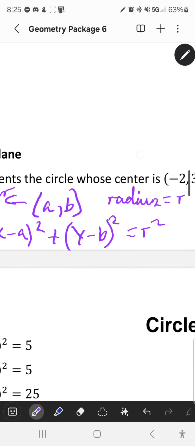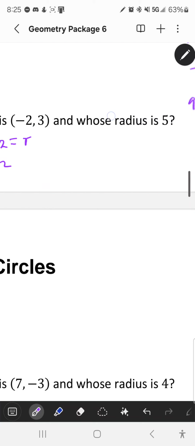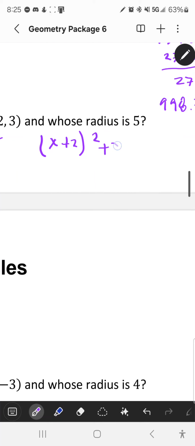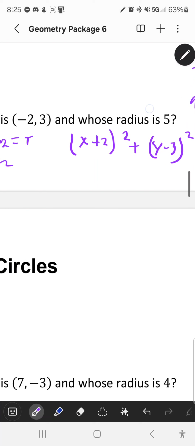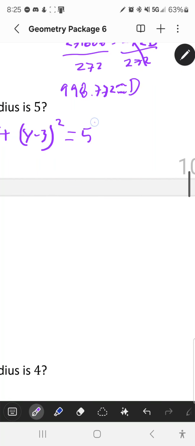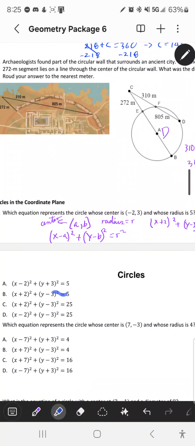If the center is at negative 2, 3, it will be x minus minus 2, which is plus 2, squared, plus y minus 3 squared. The radius is 5, squared, which is 25. So our answer is x plus 2, y minus 3, and 25.